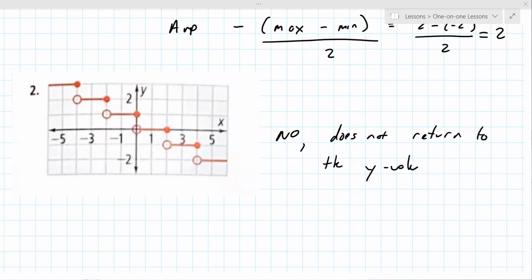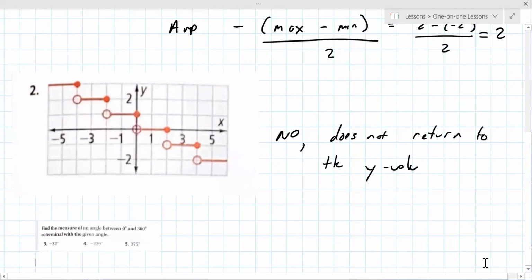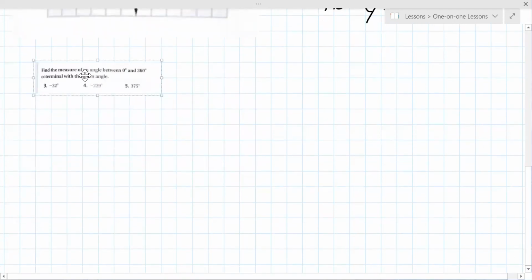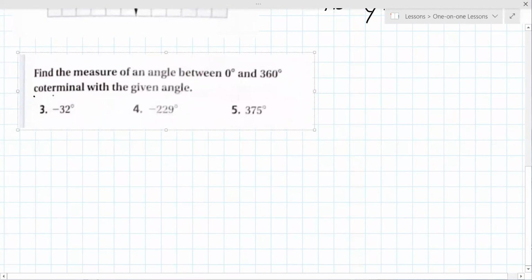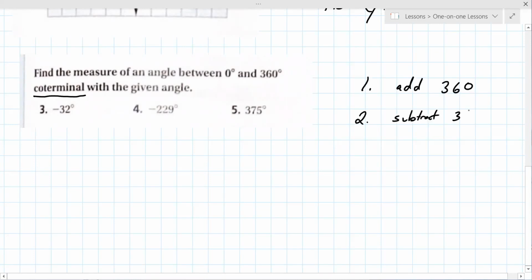All right, it says for numbers 3 through 5, find the measure of an angle 0 to 360 that is coterminal. Okay, so generally there's 2 options when it comes to coterminal angles. Option 1 is you add 360. Option 2 is you subtract 360.